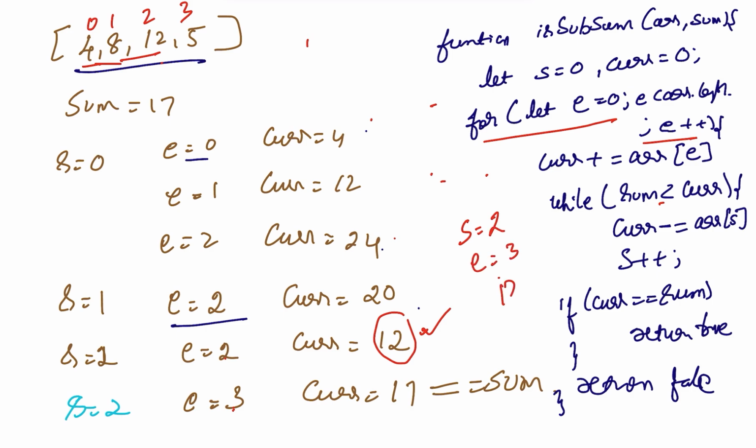At this particular point the current value, 12 plus 5, is equivalent to 17. It won't pass the greater-than condition, but it's going to test the equality, and we are going to get the result: 17 is equivalent to sum, which we have given, that is 17, and it's going to return true.